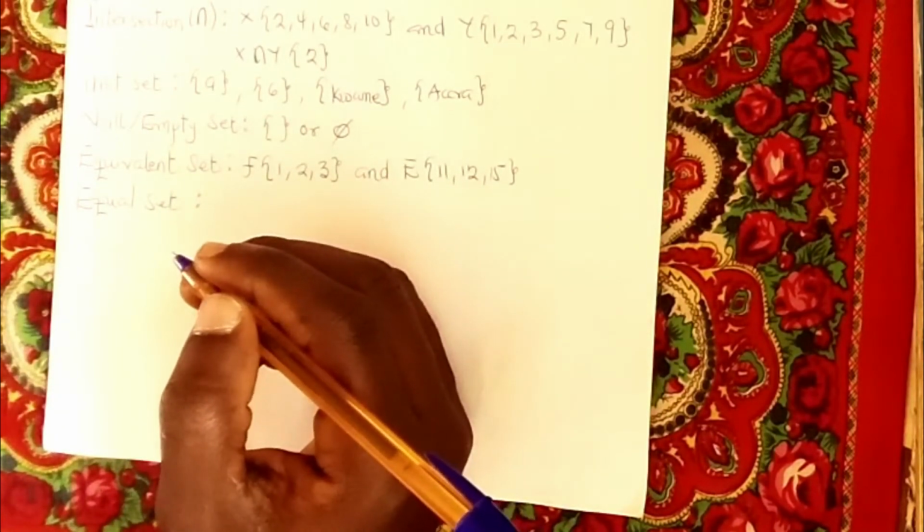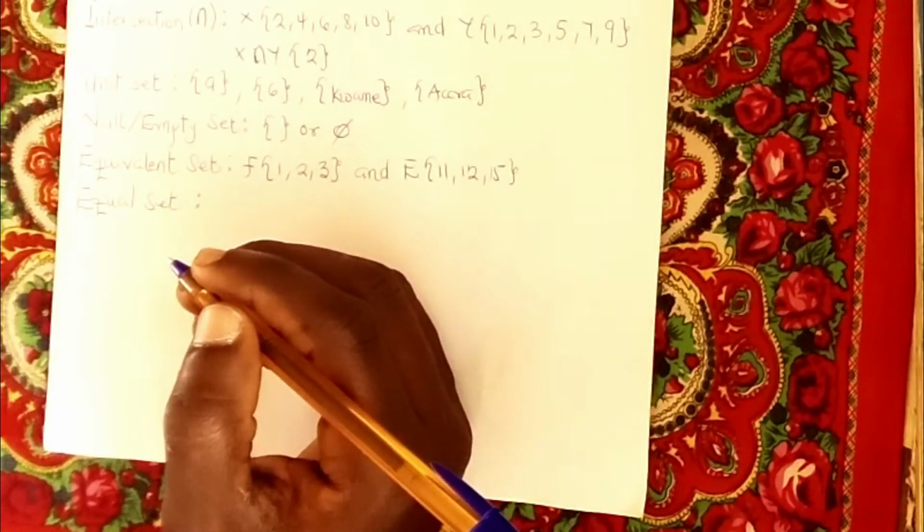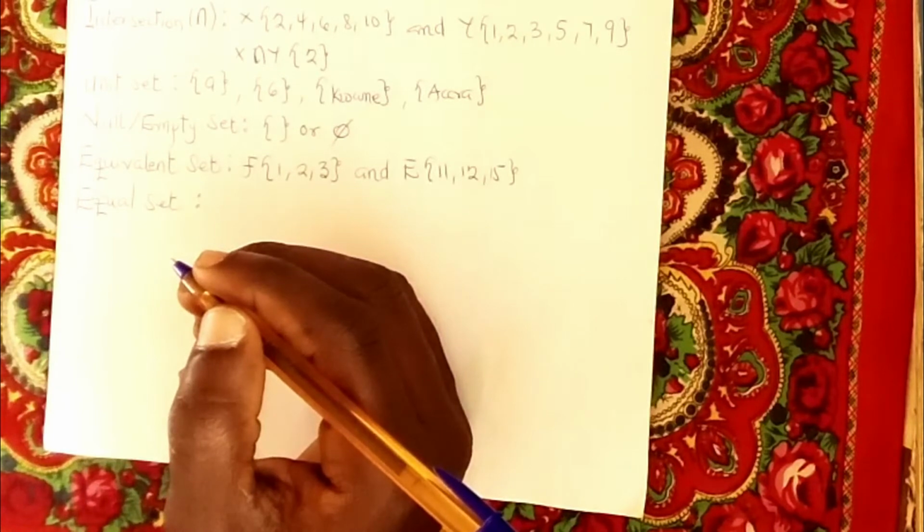Equal sets. When we talk about equal sets, it deals with the fact that the elements of both sets should be the same.